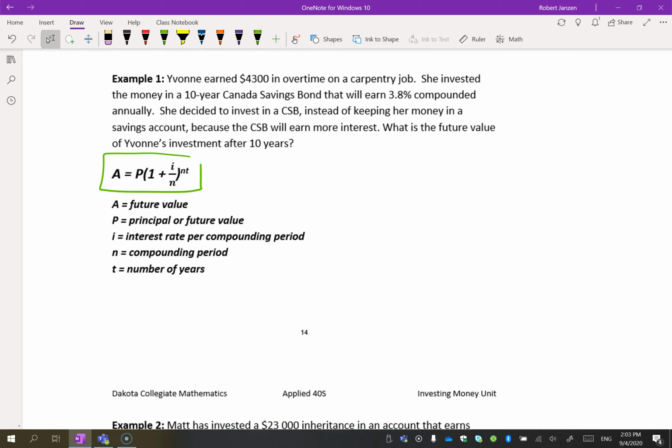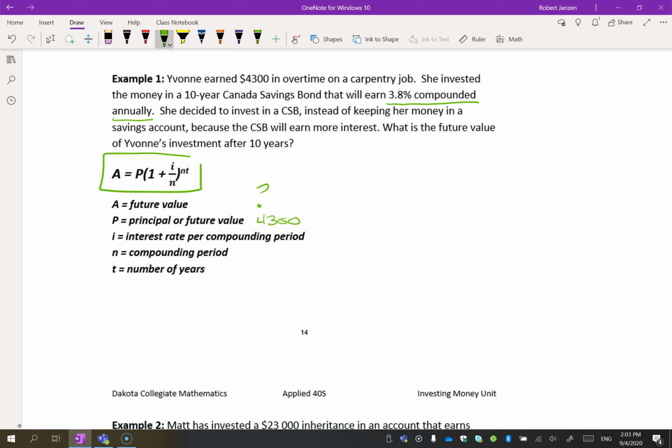Okay, so it says Yvonne earns $4,300 in overtime on a carpentry job. She invested the money in a Canada savings bond, earning 3.8%. Now it's not simple interest, it's compound interest, and it's compounded annually. So let's just go through this. The future value, this is what we don't know in this case. We start with 4,300.